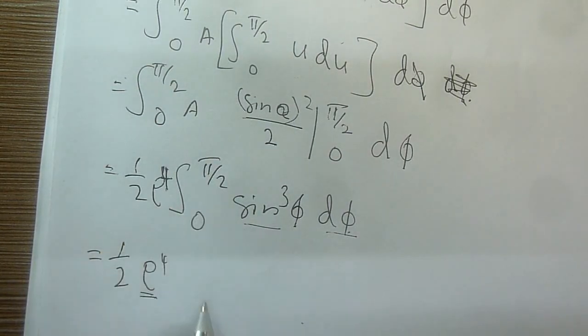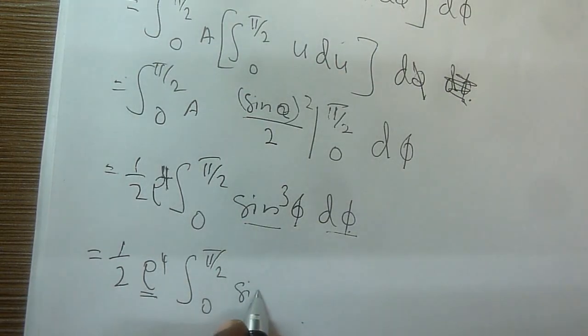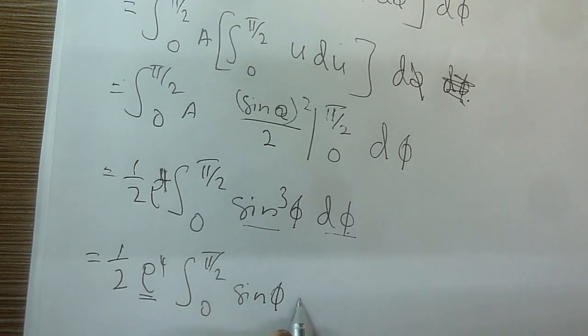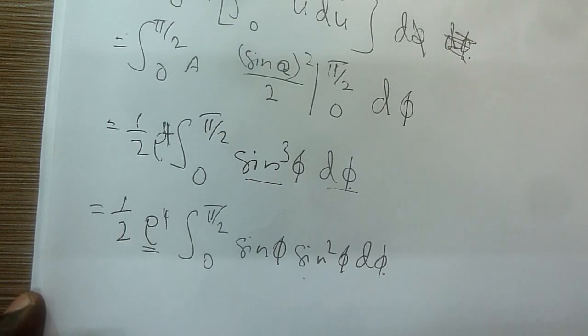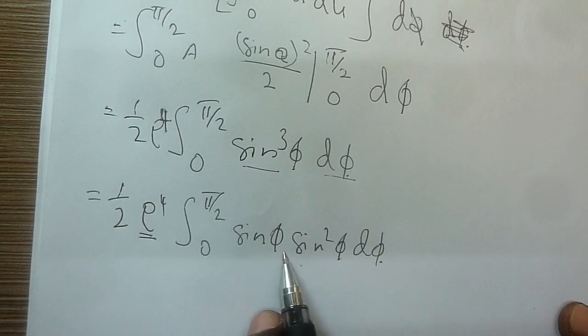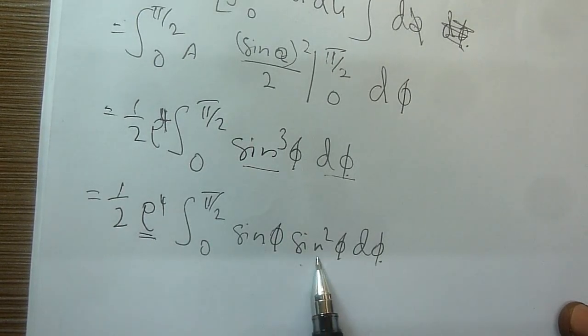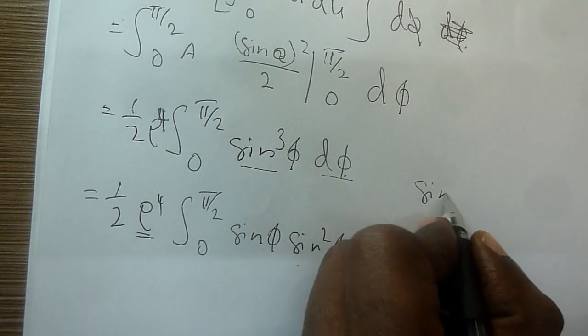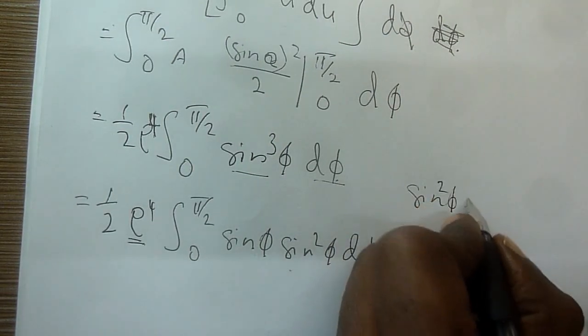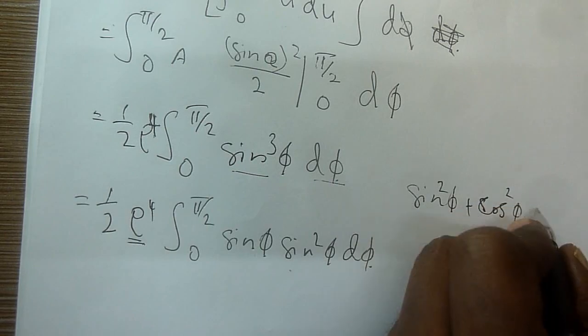Here, this one is pi over 2, 0. I help you to do this part. Sine phi, sine 2 phi d phi. You have several techniques to handle this part. I teach you both. Maybe I don't have time. But I'm showing that you just take it out here, sine phi. In this particular case, we already know that sine squared phi plus cos squared phi equals 1.